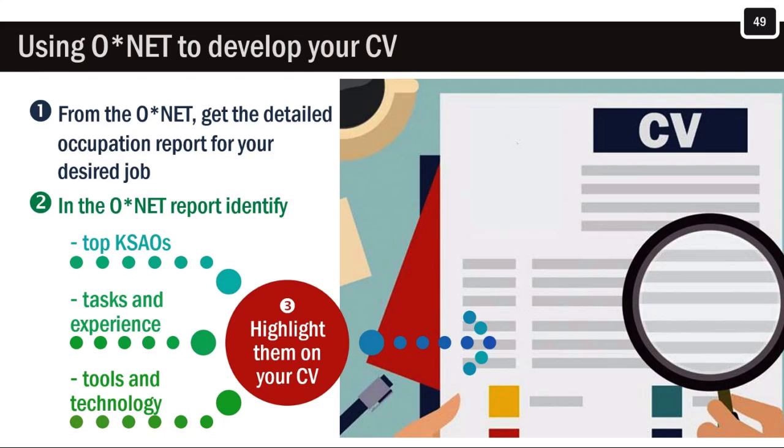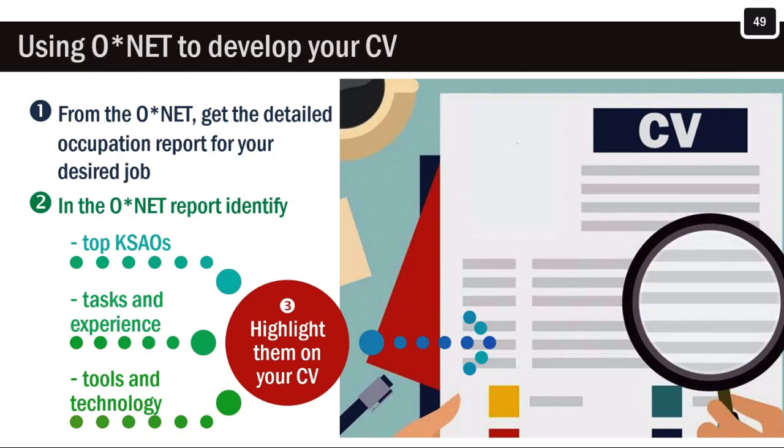When you're applying for a particular job, go to ONET and get a detailed occupation description for this job. And then from the ONET report, identify the top knowledge, skills, abilities, and other attributes. You also identify the task and experience and the tools and technology required or desirable for this job.